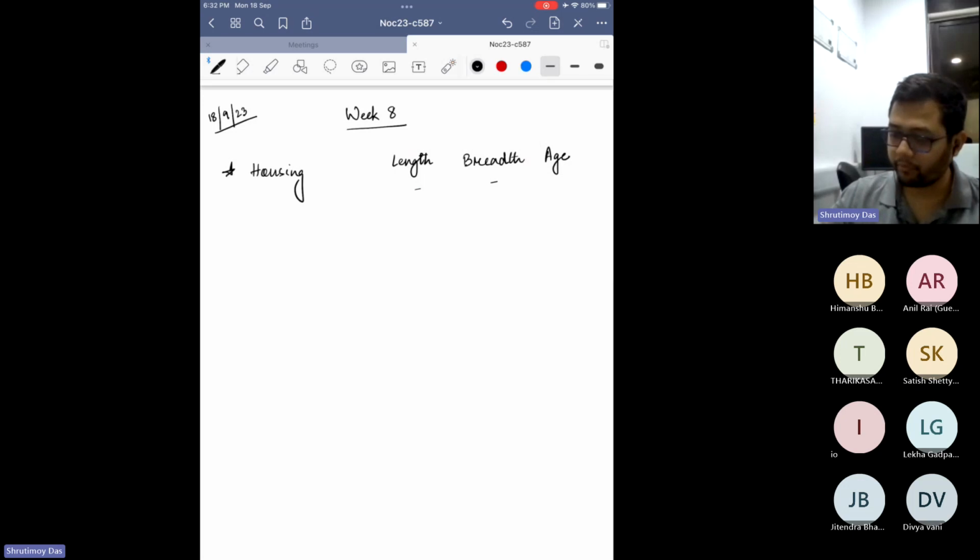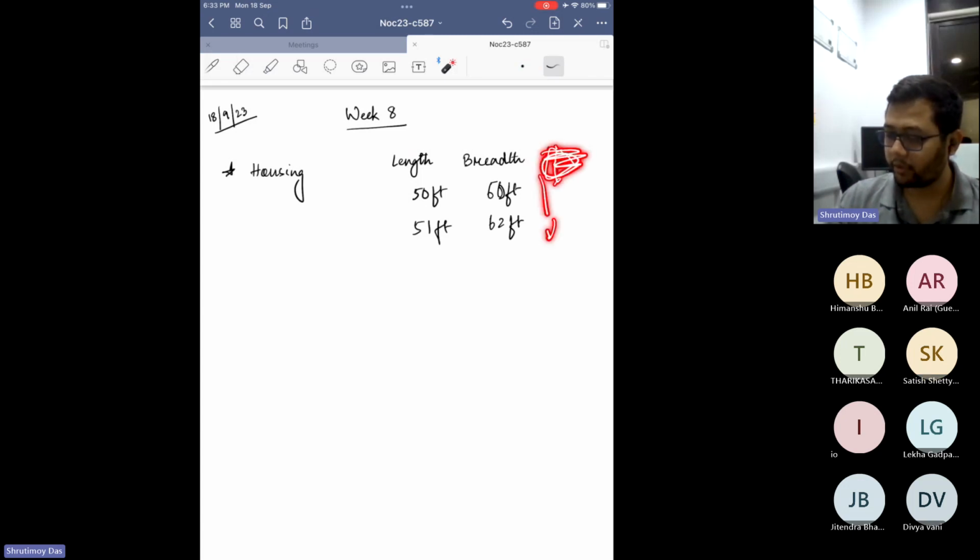Suppose you have one house of length say 50 feet, breadth say 60 feet, and another of 51 feet and 62 feet. If you don't have age as a feature, these two houses will have a similar output, like the same regression value.